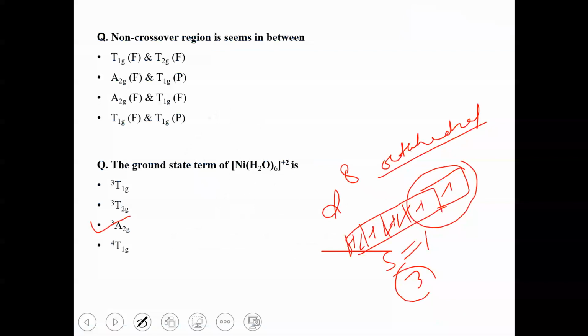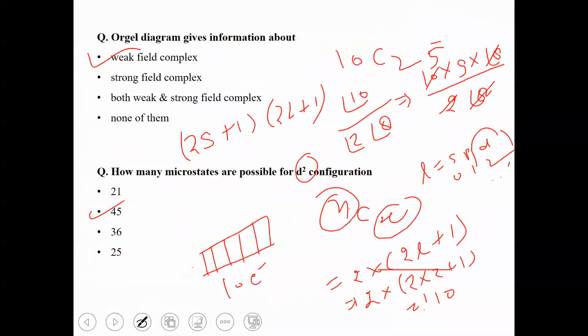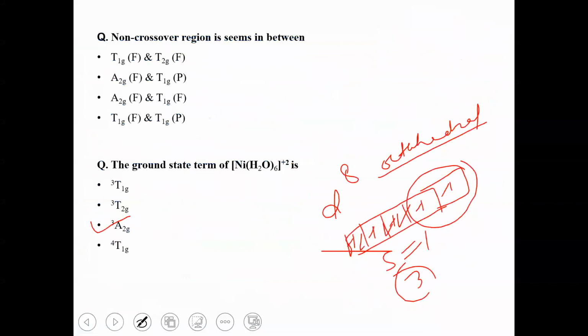A2g, I think, is bisecting. You have to observe the non-crossover region. If these two terms are not crossing each other, that is the non-crossover region. Just sketch this diagram if you remember it, and identify and tell me.